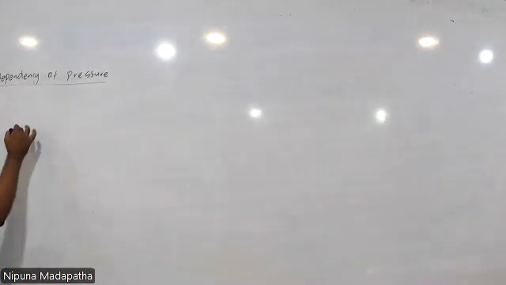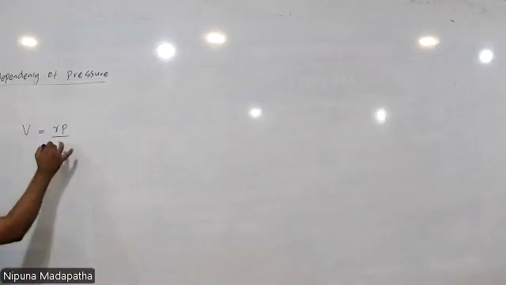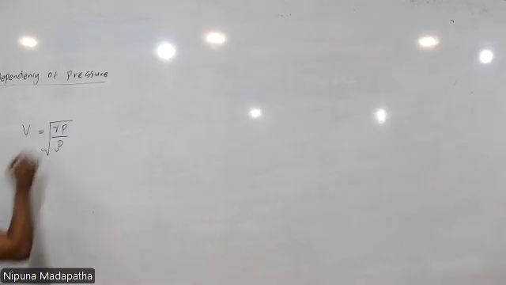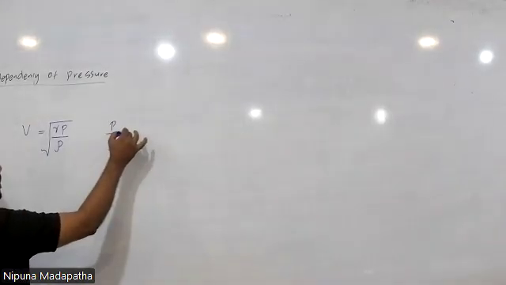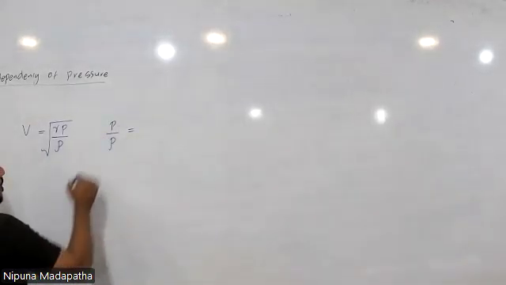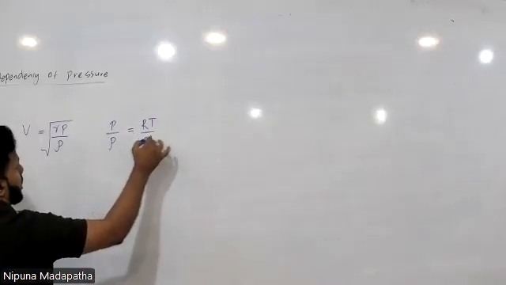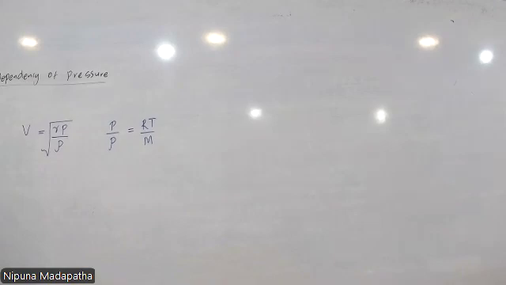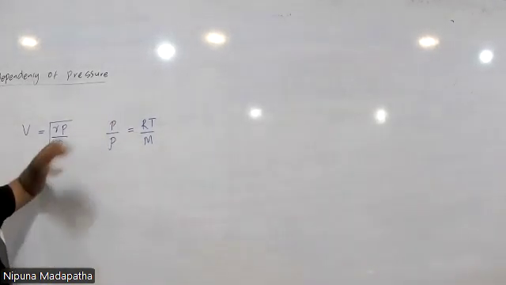So by looking at this expression, V equals the square root of gamma P divided by rho. And also, to remember, earlier we obtained this ratio P over rho is RT over M, right? So this is an important thing here.